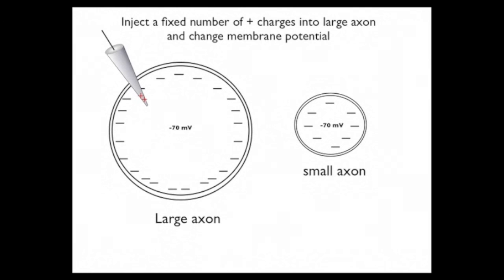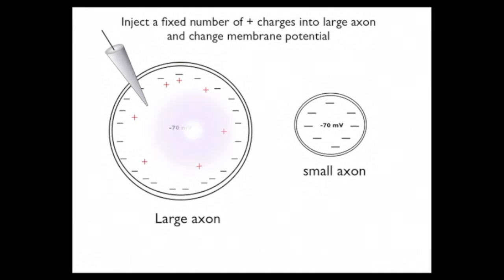And they both have a membrane potential, a resting potential of minus 70 millivolts. And now I'm going to inject a fixed number of charges into the large axon and change the membrane potential. I'm going to inject 1, 2, 3, 4, 5, 6 charges.